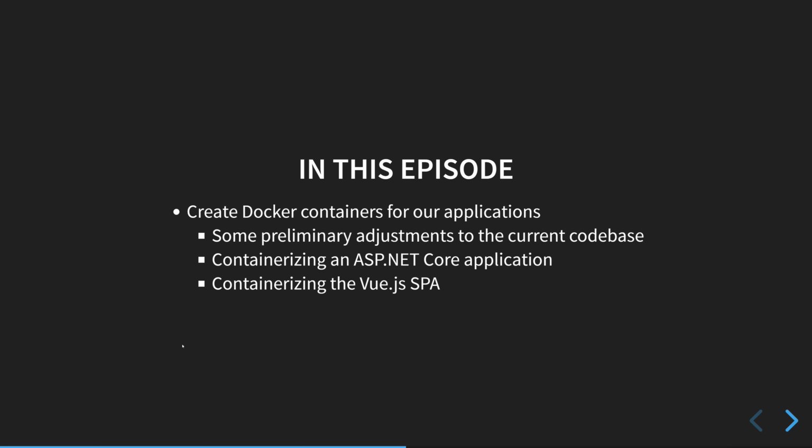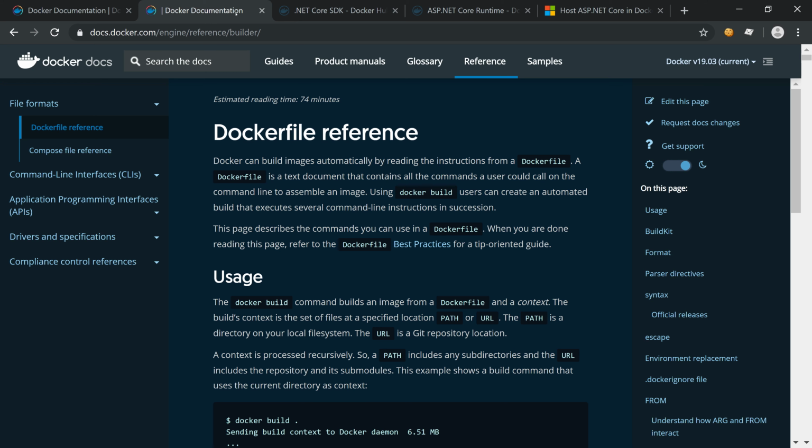And in Docker, a Dockerfile is what we use to describe how to build an image to be used later for a container. So a Docker image is basically like when we define the class, and a Docker container is an instance of that class.